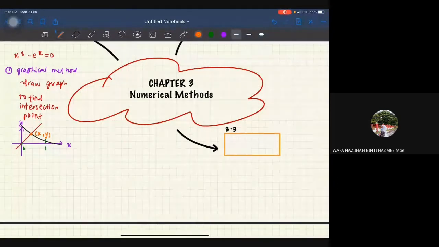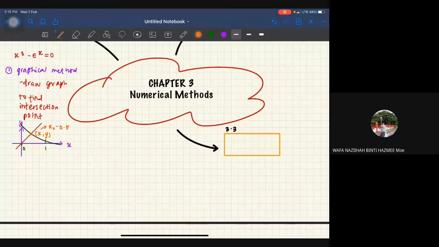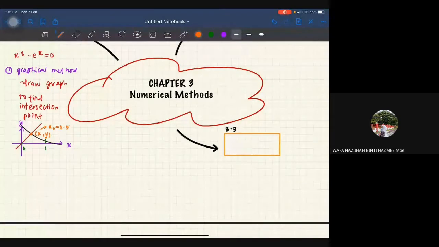So we will assume any value between 0 and 1. Choose one. So what do you want to make x equal to? Okay, right? So usually we take the value in the middle. So in between 0 and 1, in the middle, the value is 0.5. Okay, so that is actually our x naught. This is our x naught. Okay, so this x naught is the value we will use in the Newton-Raphson method later, which is in 3.2. Okay, so that is the graphical method.